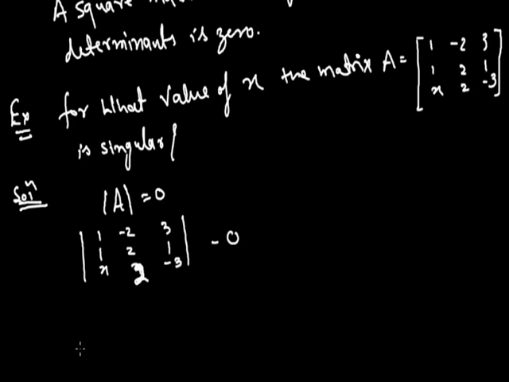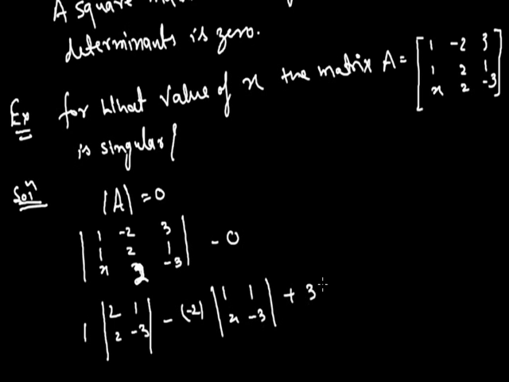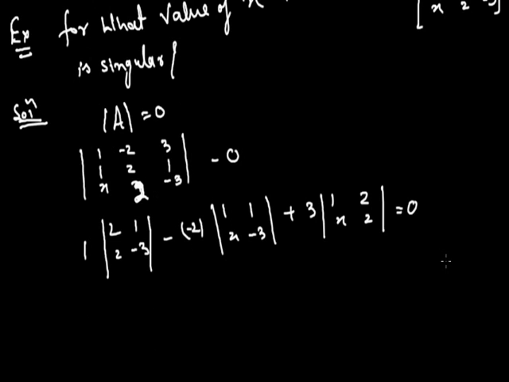So if we expand this matrix, then we get 1 times (2 x; 1 -3), then minus sign, minus of 2 times (1 x; 1 -3), then plus sign 3 times (1 x; 2 x 2) equals 0.